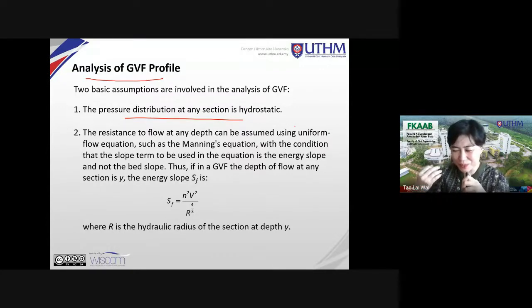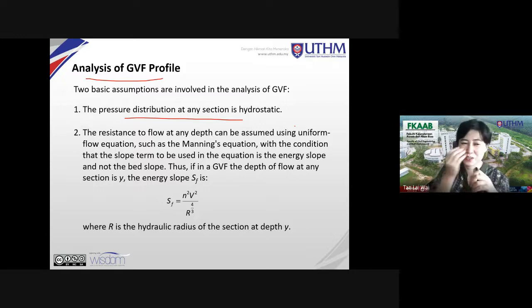Before this, whatever equation we derived, for example in this chapter, when we established the conjugate depth equation, we looked at a control volume where we have hydrostatic pressure force, left and right.